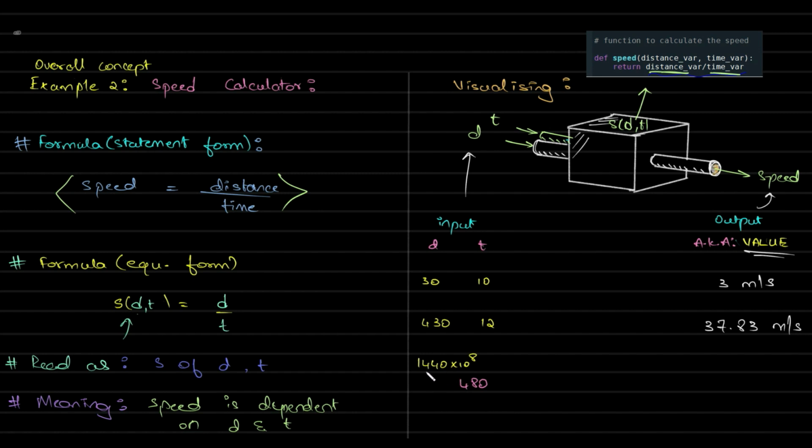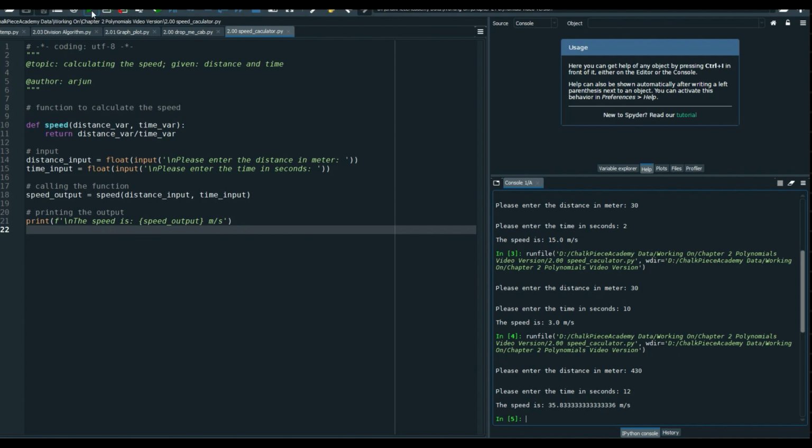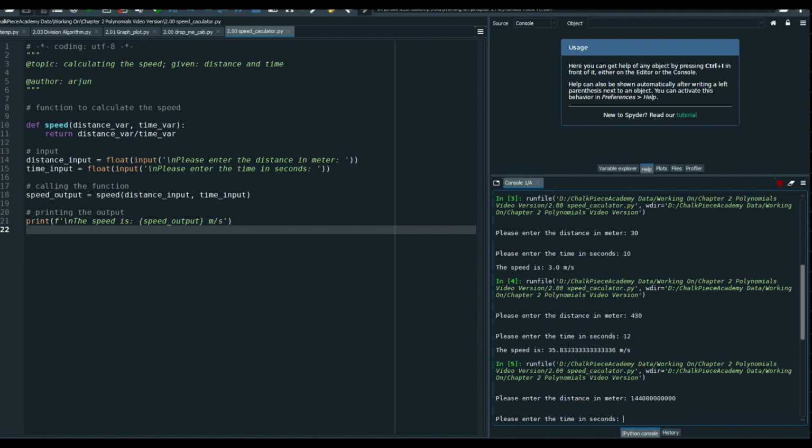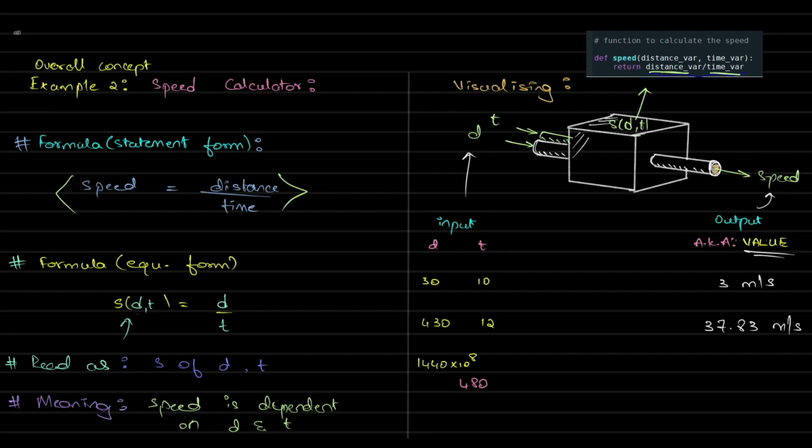Next we have 1440 into 10 to the power of 8, which is 1440 followed by 8 zeros, 1, 2, 3, 4, 5, 6, 7, 8, and the time is 480.